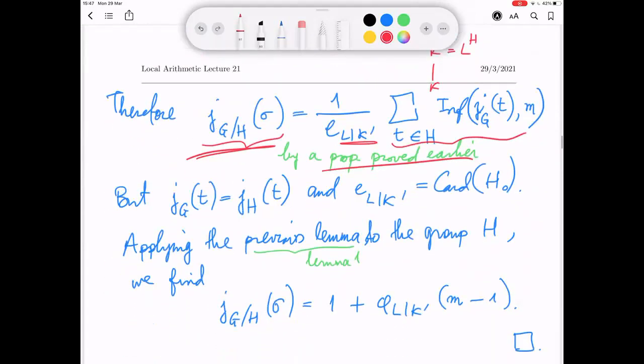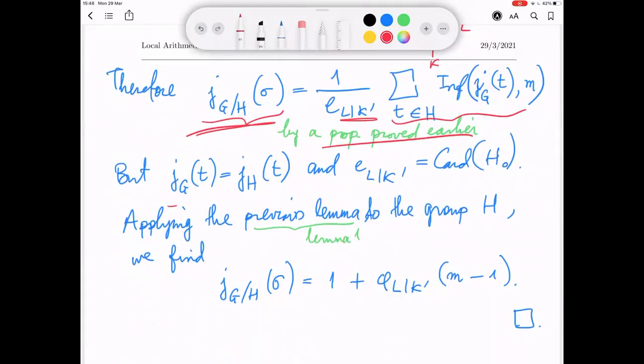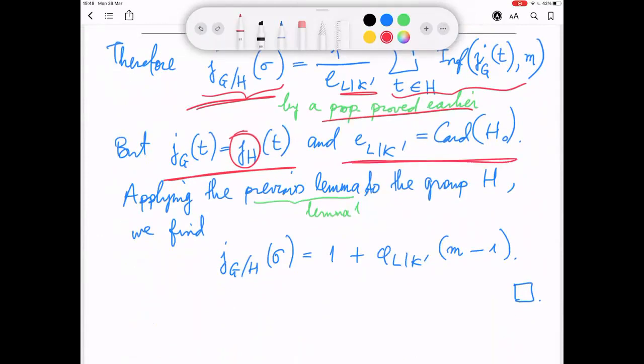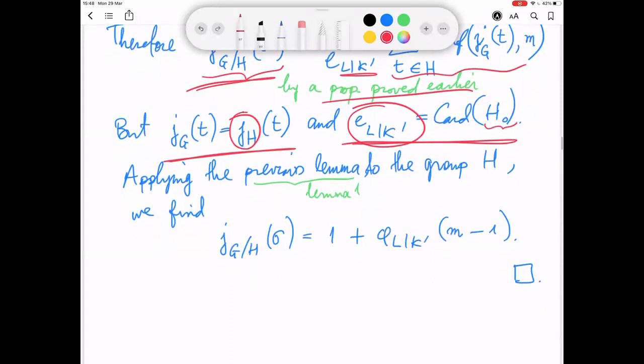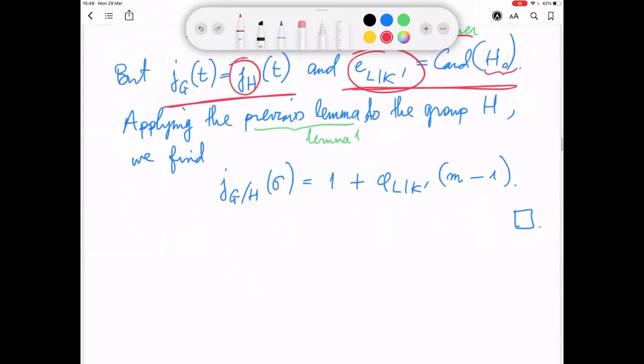Okay. But Jg, the restriction of Jg to H is just JH. And this is the ramification. Now, the ramification index of L over K prime is equal to, of course, the cardinality of the inertia subgroup of this extension, right?